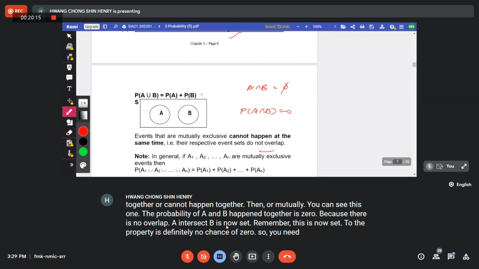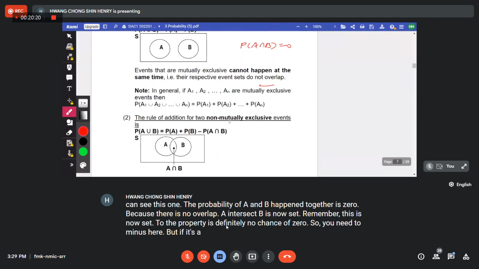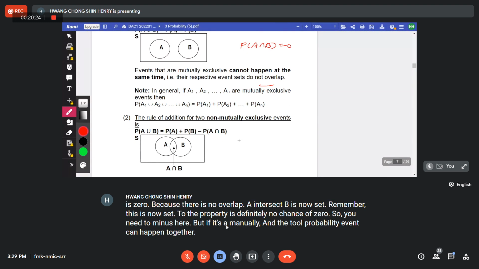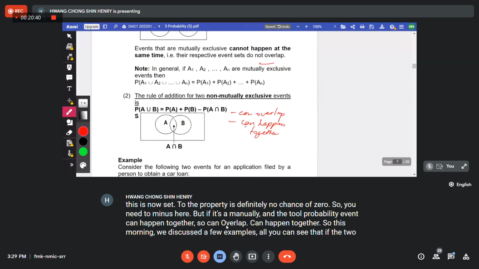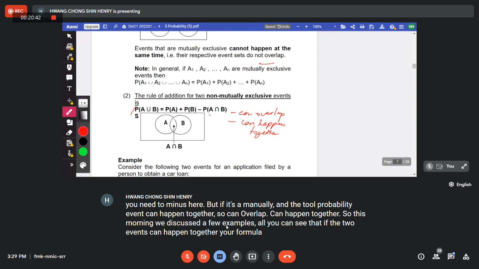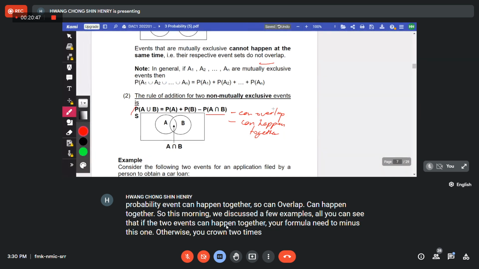So you don't need to minus here. But if it's non-mutually exclusive, then the two events can happen together, so they can overlap. So this morning we discussed a few examples. You can see that if the two events can happen together, your formula needs to minus this one. Otherwise, you count 2 times already. Okay?